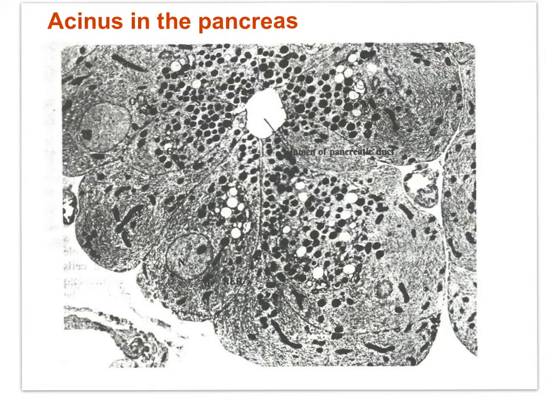Here is another micrograph of a pancreatic acinus, cells clustered in a circular fashion around a duct. Cells such as this one here has Golgi vesicles preparing to release enzymes into the duct by exocytosis.